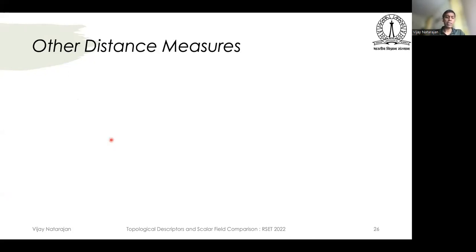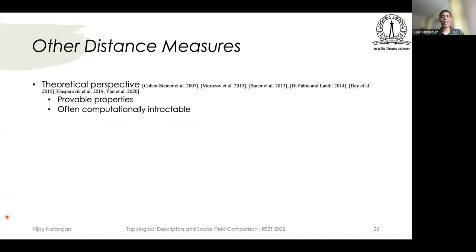Just to put things into perspective, there are different measures available out there, right? And what I'm going to present is definitely not an exhaustive list. These are just some related measures. There are many measures described for merge trees and contour trees and their generalizations, Reeb graphs. Several of these measures have been designed from a theoretical perspective. They come with very nice properties.